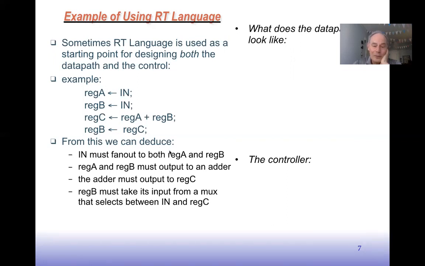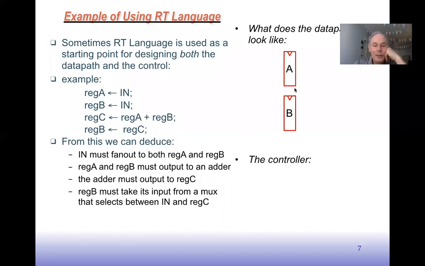So we can deduce from this, look, in goes to both register A and register B. First of all, we need 3 registers, if we analyze this: register A, register B, and register C. We also know we need an adder because we have an add operation here, right? So over here, what's the data path look like?